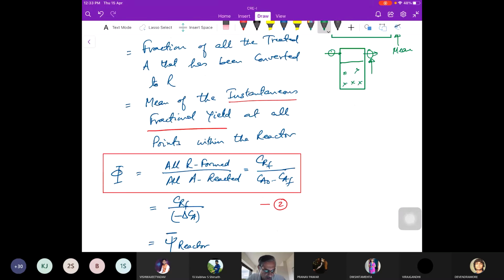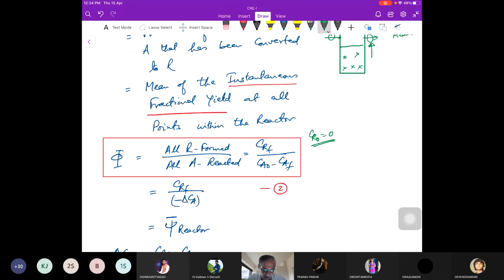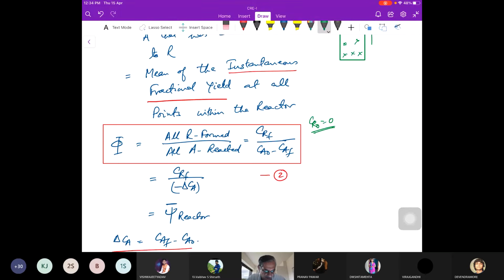So phi is defined as all R formed up to the reactor exit, divided by all A reacted. All the R formed is CRF, because we took CR0 equal to 0, right? So CR final minus 0 upon CA0 minus CAF, and that we can write as CRF upon minus delta CA, because delta CA is CAF minus CA0.